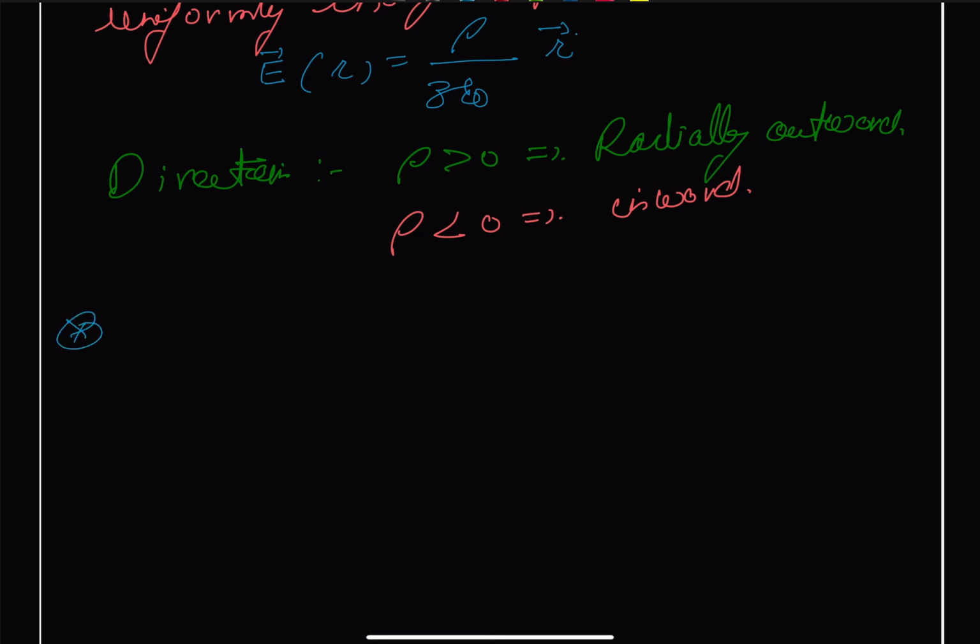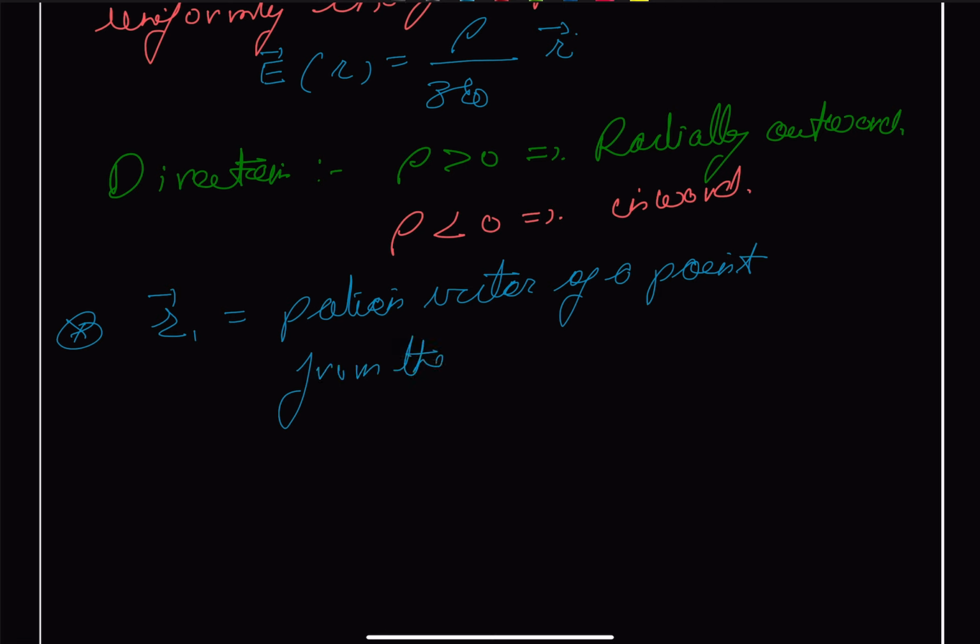So r1 is the position vector of a point from the center of sphere 1. Similarly, r2 is the position vector from the center of sphere 2.